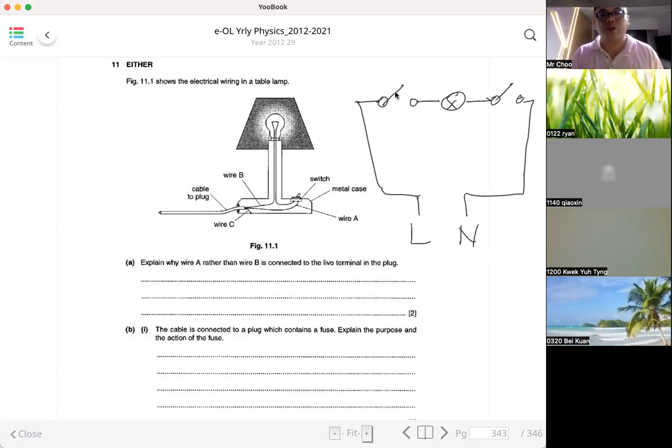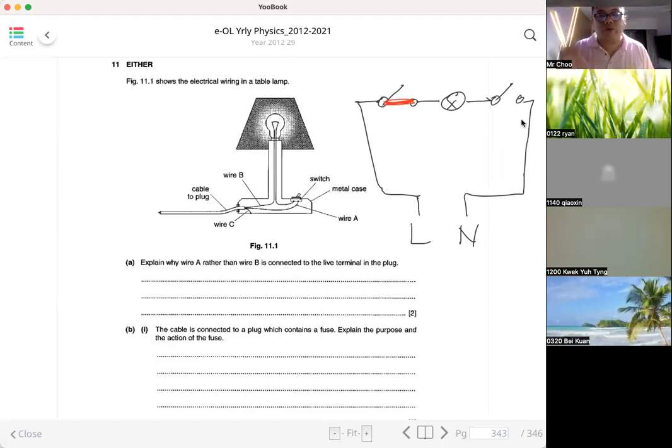So I put a switch before the bulb and a switch after the bulb. The switch is at the live wire and the switch is at the neutral wire. Even if both switches are open, there will be no current. If I were to close this switch, there also will be no current because the circuit is open.